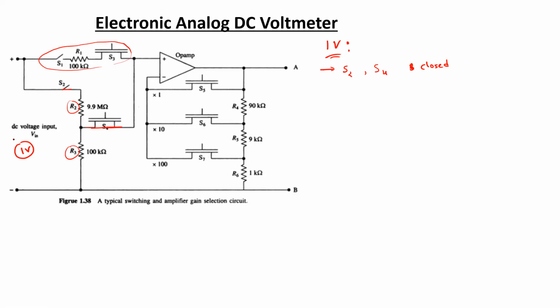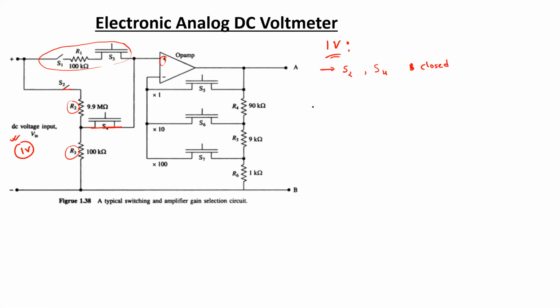So the input voltage of 1 volts is going to be divided through this voltage divider, and the respective voltage dropped across this 100k resistance is going to be supplied to the non-inverting terminal of the op amp.